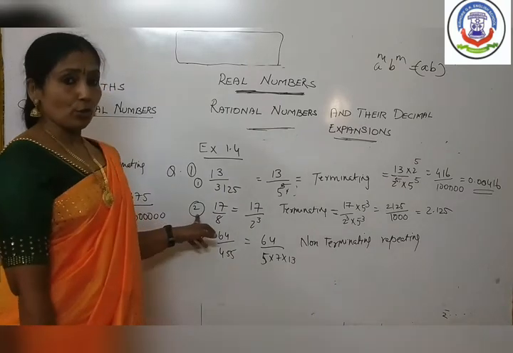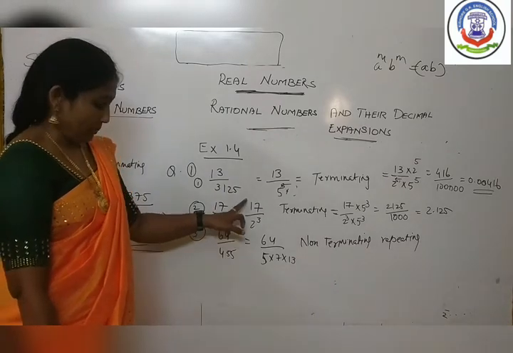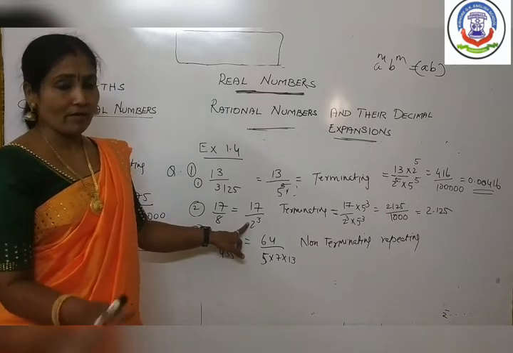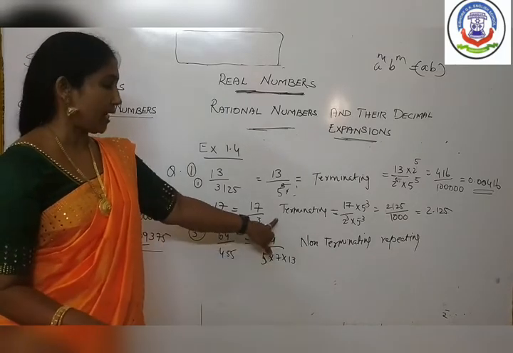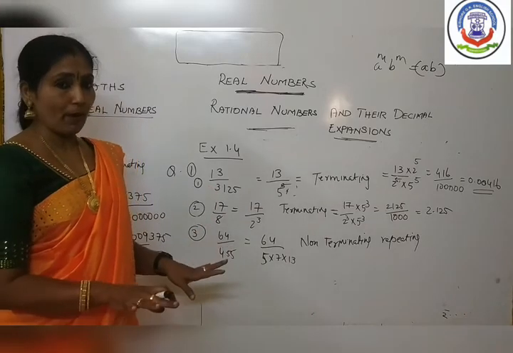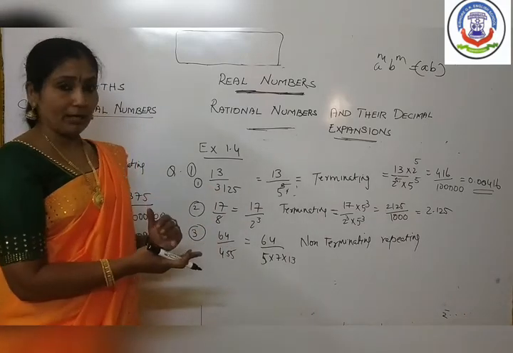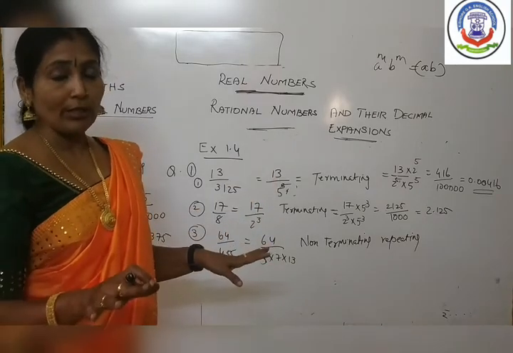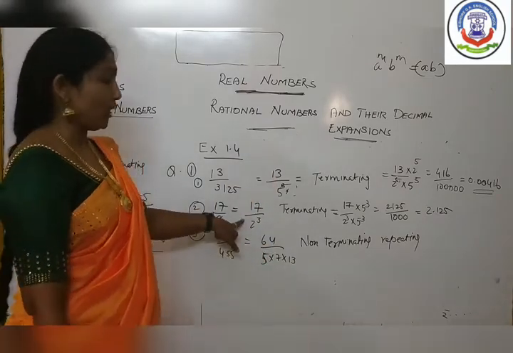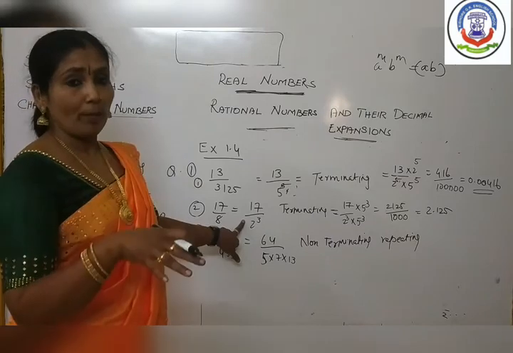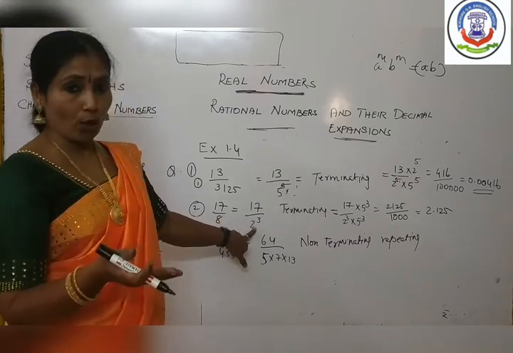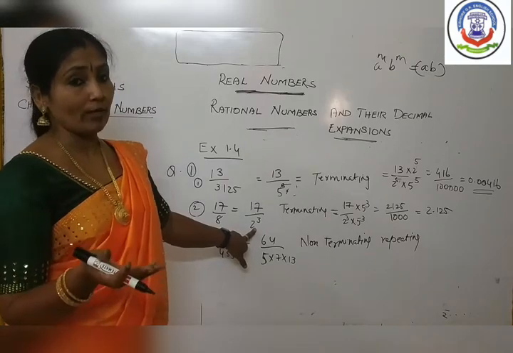And the second question is 17 upon 8, that means 17 upon 2 cube. Here also 5 raised to a power is not there, so we can say that it has a terminating decimal expansion. Now, how can you find the decimal expansion without doing long division? You will make the denominator in the form of 10 raised to a power. For that, 2 cube is already there, so you have to multiply by 5 cube.